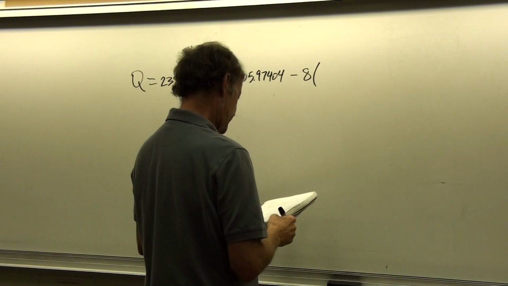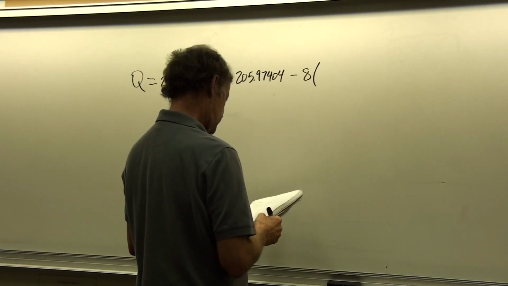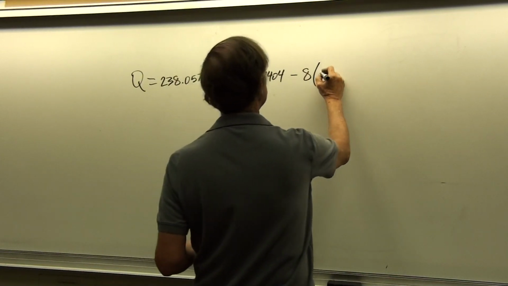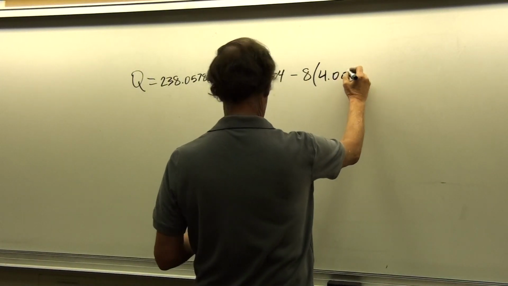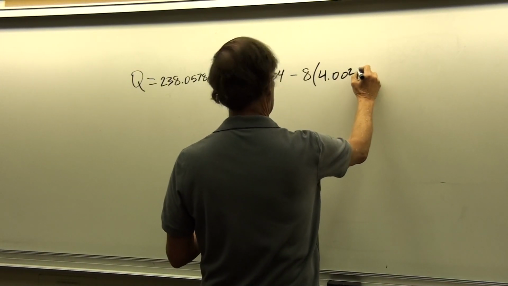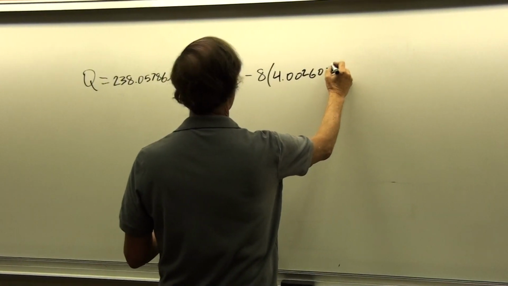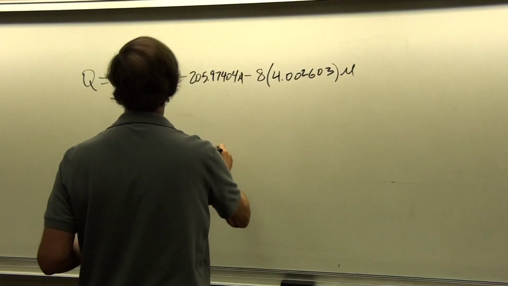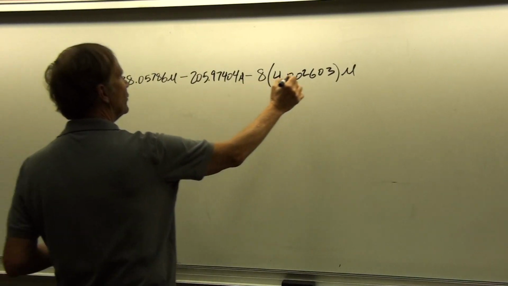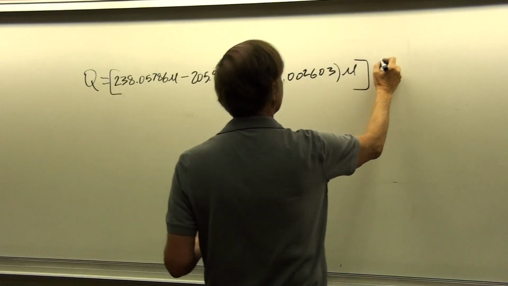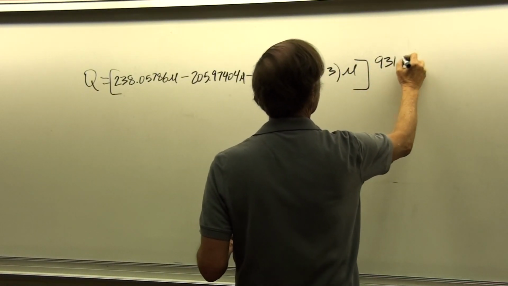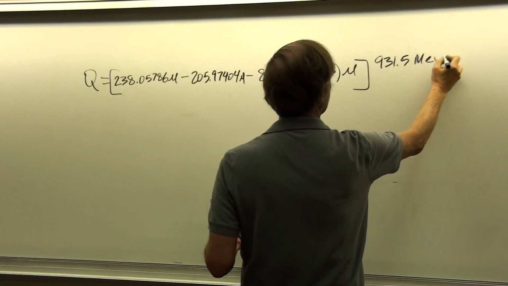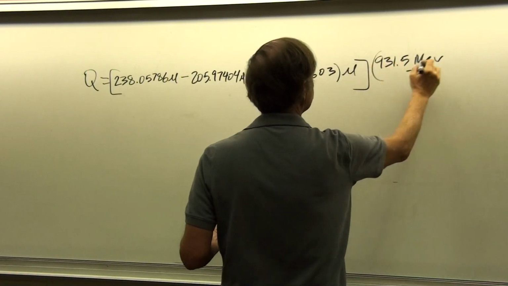So that's 4.002603. This is mu. There's a mu in there too. And then that's times C squared, which again is 931.5 MeV over mu.